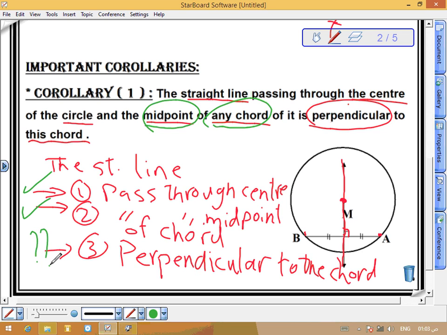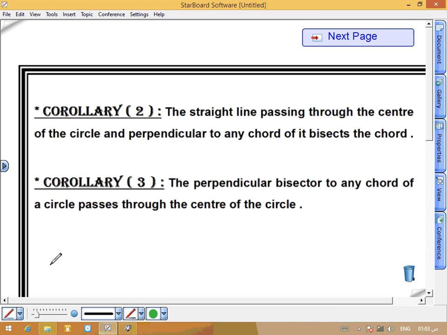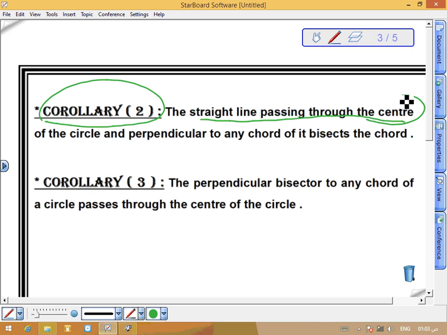I will leave these points here and go to the third page and show the second and third corollary, and come back to these points to show which points are given and which points are missing. We have here in corollary 2 that the straight line passing through the center of the circle.